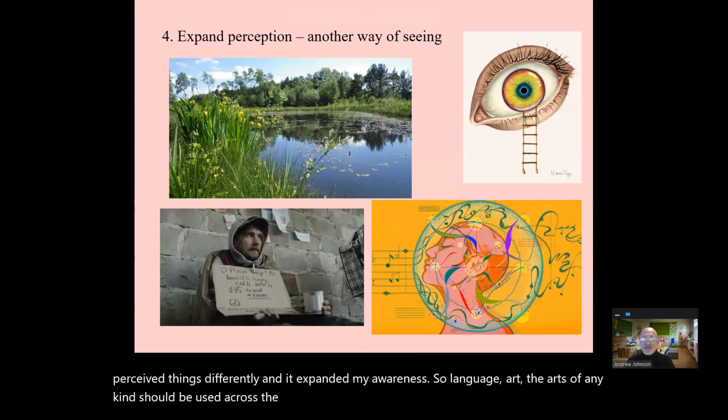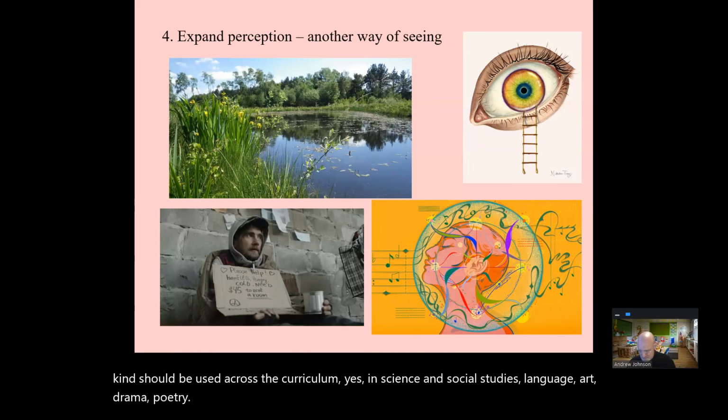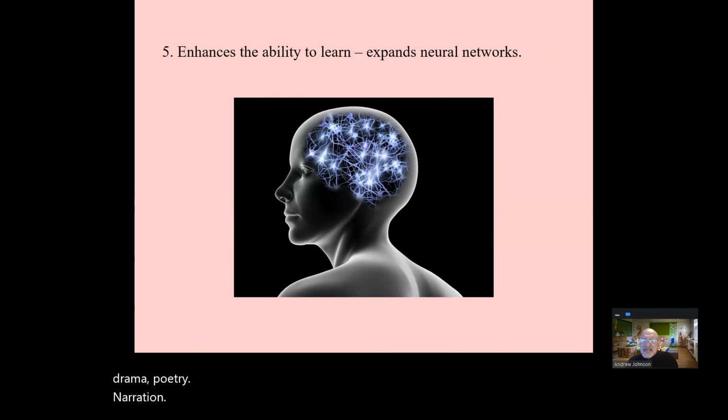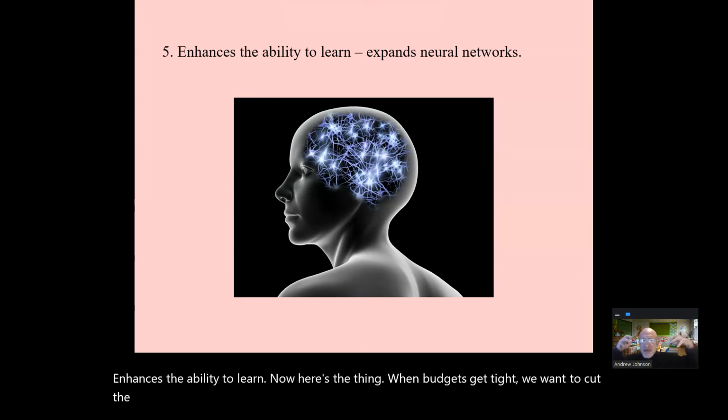Yes, in science and social studies, language art, drama, poetry, narration enhances the ability to learn. Now, here's the thing. When budgets get tight, we want to cut the arts, but the arts expand those neural networks in our head.